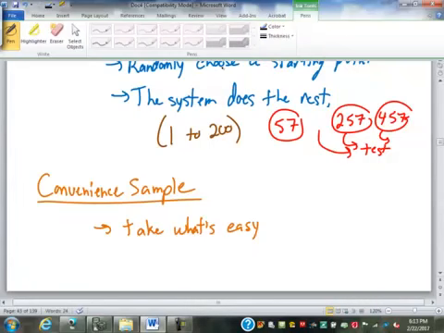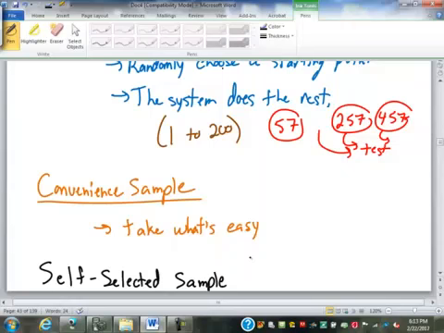Now, there's another thing I'm going to actually throw out here that's a problem with almost every type of sample that involves people. A self-selected sample isn't necessarily a type of choosing the sample, but it's a problem you have when you're going to gather information from people.